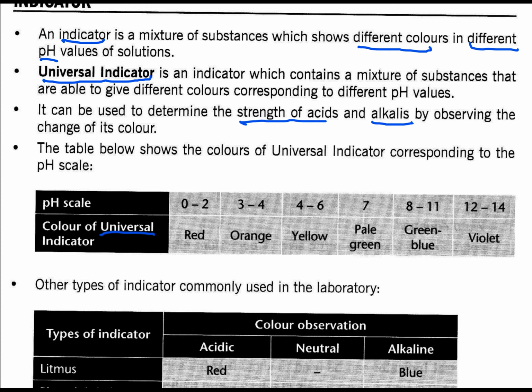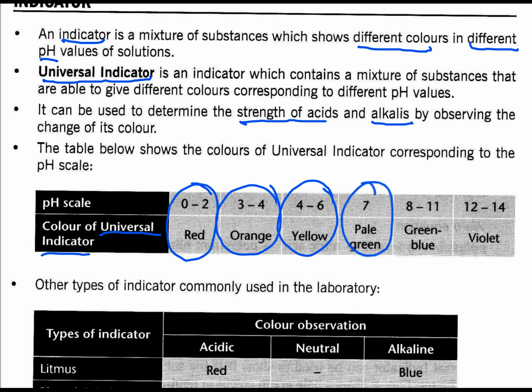So for a universal indicator, pH of 0 to 2 will be shown as red, 3 to 4 will be shown as orange, 4 to 6 will be shown as yellow, 7 will be shown as green, 8 to 11 will be shown as blue, and 12 to 14 will be shown as violet.